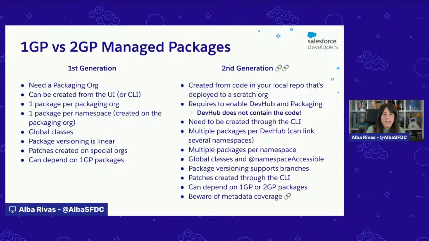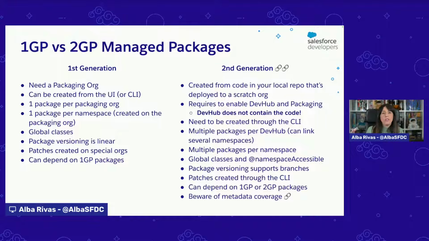We're going to see later that those packages and package versions are stored in a standard object, which is called package2version, and that you can query that standard object and see which versions and packages you have created with that dev hub. But again, no code in the dev hub at all.